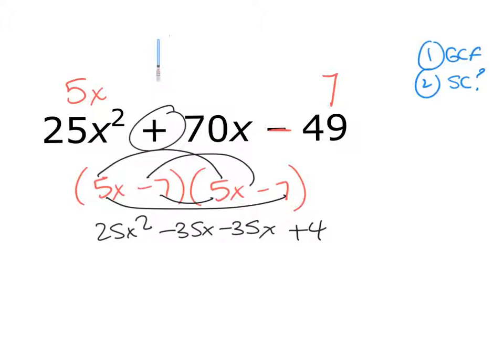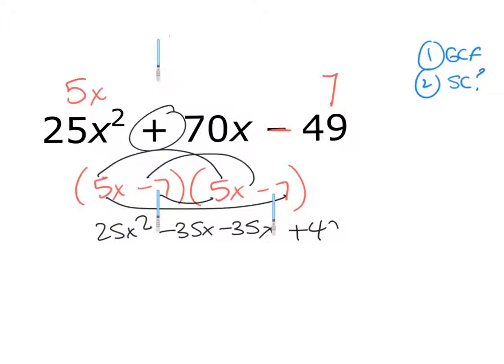Can't you do positive? Nope. If you look at it again, the square root of 49 is 7, but there's a negative here, correct? So that means that when you do 5 times 7, 35, and double it, you get 70. If you were to write down what you got, you would get 5x minus 7 and 5x minus 7.